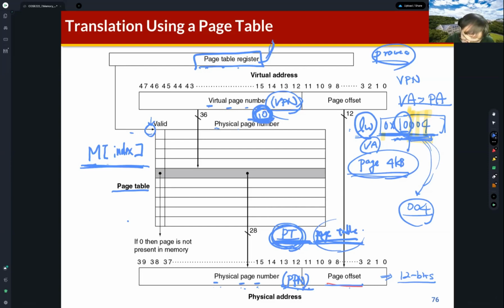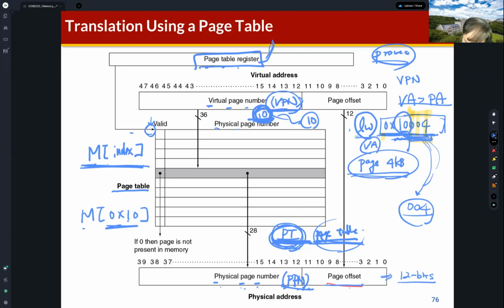In this example, we access the page table using 0x10, which becomes the index of the page table entries.